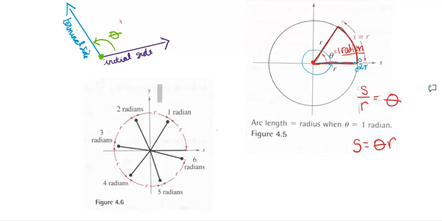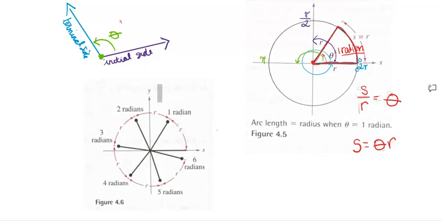And then we also talked about how when it makes half a revolution, if it goes from the x-axis over to the negative side of the x-axis, it's half of 2 pi, which is pi. If theta makes 1/4 of a revolution, then it will be 1/4 of 2 pi, which is pi over 2.